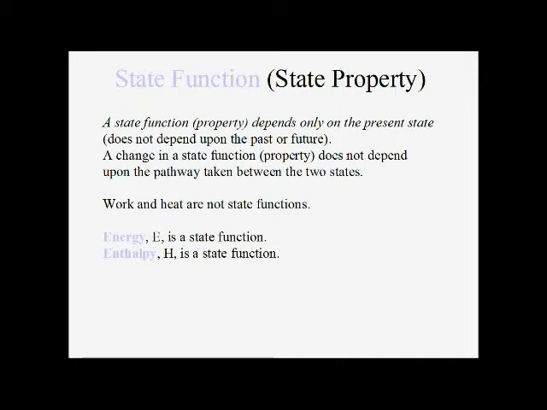So for the change in a state function, we are only dependent upon the initial and final states. We do not care what happens in between the initial and final states. We just need to know the initial and final states, and we'll know the change in that property.